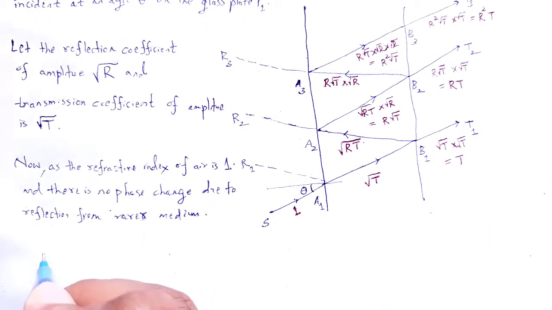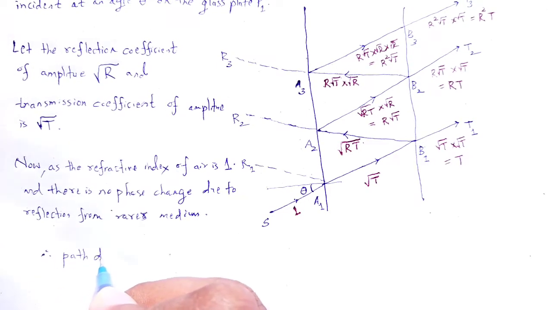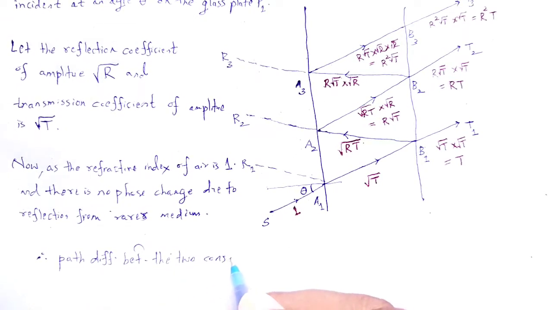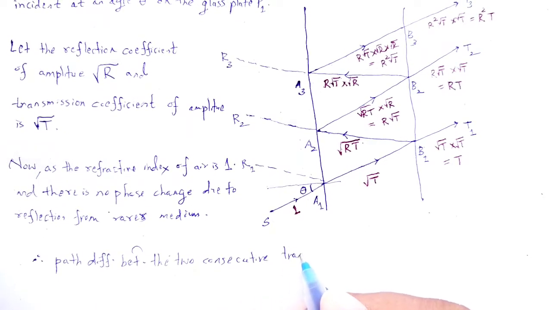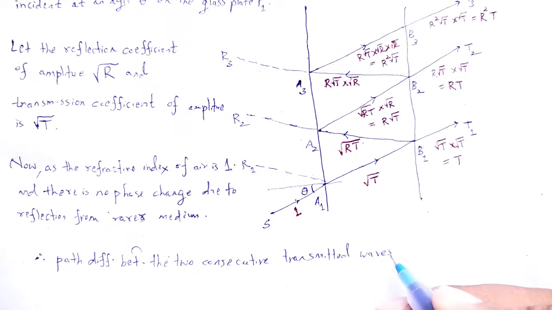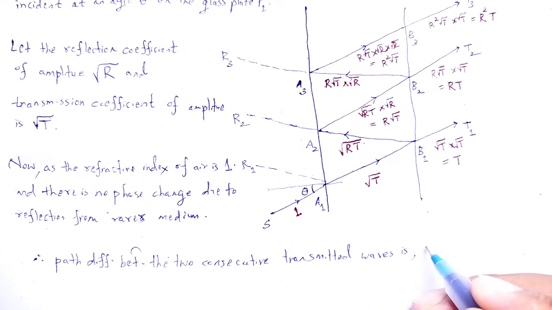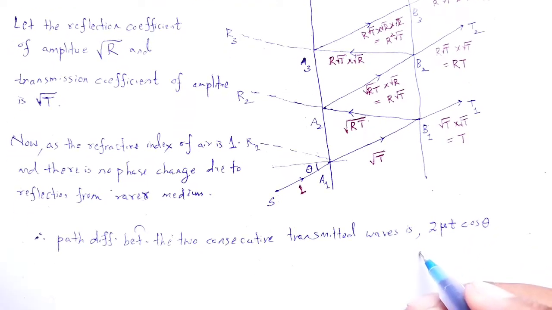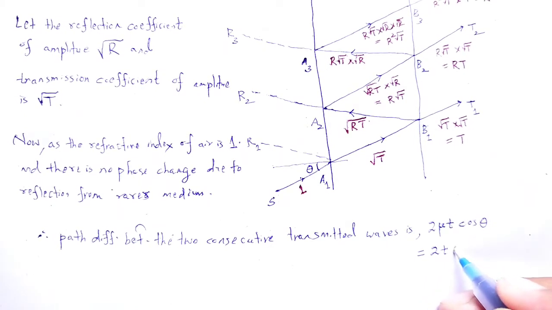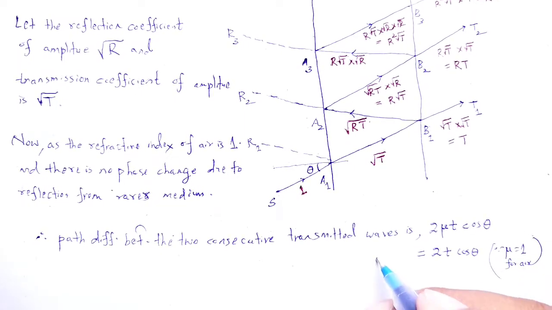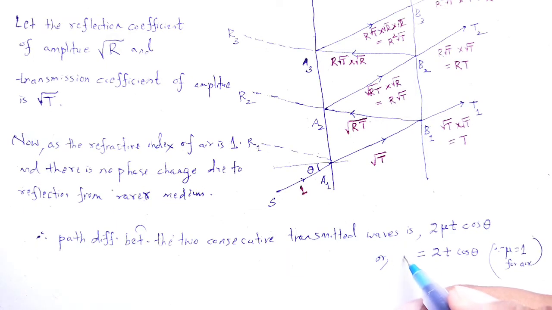Therefore, the path difference between the two consecutive transmitted waves is 2 mu t cos theta, which is equal to 2 t cos theta, as mu is equal to 1 for air, that is the path difference delta.